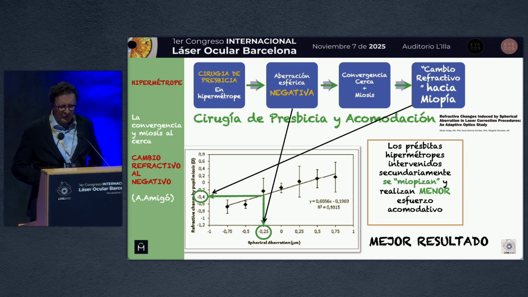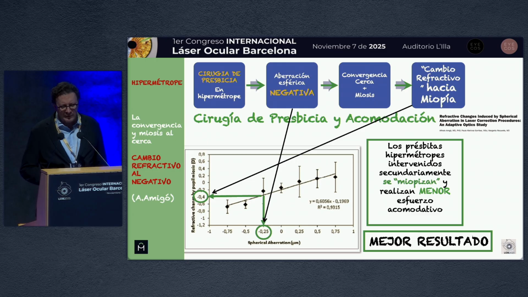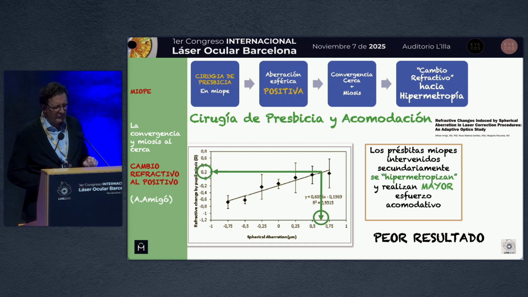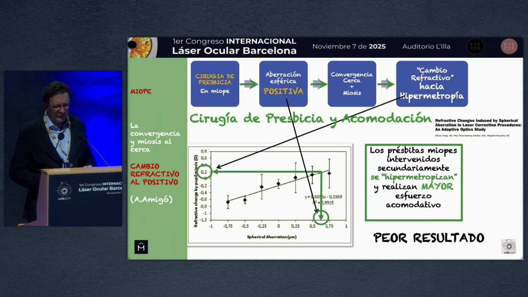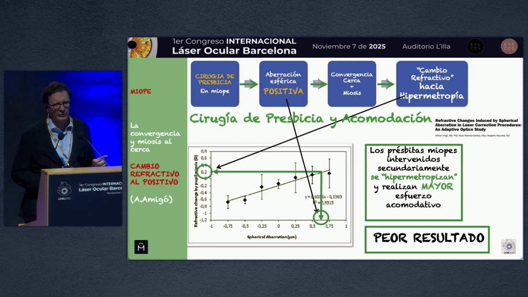That's why the presbyopic, hyperopic patients that have been operated undergo this myopization, and they do better. It's the opposite with a myopic patient. With a myopic patient, a positive spherical aberration changes, and then they undergo hyperopization, and they do poorly because we need a greater refocus, and they tolerate these surgeries worse.